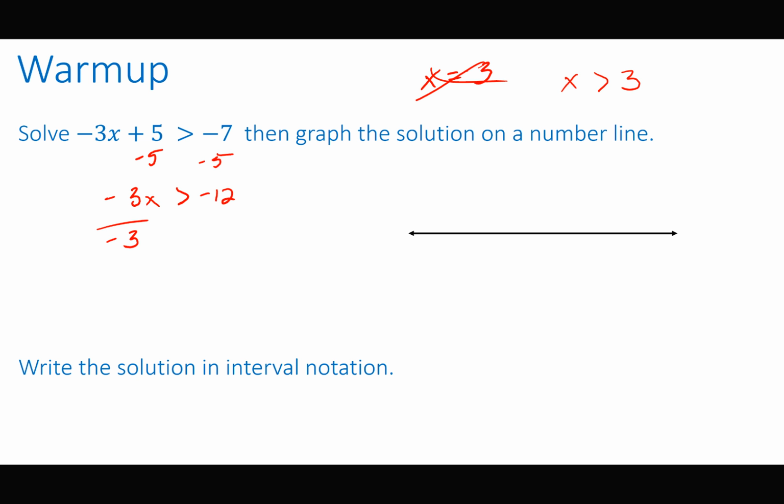So that should throw up an alarm, a red flag, something in your head. I'm dividing by a negative. I need to reverse this inequality symbol. And so this becomes x. And then if I divide this side, negative 12 divided by negative 3 ends up being a positive 4. So x is less than 4.